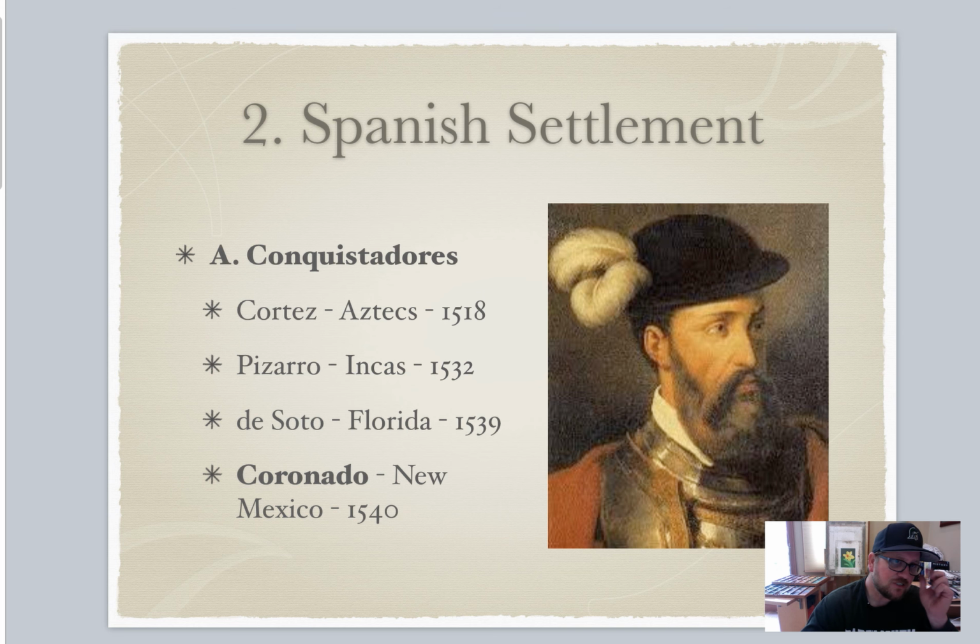Next came the conquistadors. These were the people that, now that this area was found for Europeans, were going to now rule this area and subjugate the natives and the land itself. You have Pizarro and the Incas down in Peru and South America. You have De Soto, who founded Florida for Europeans. You have Coronado, who will trek all through New Mexico and the southwestern part of the United States.